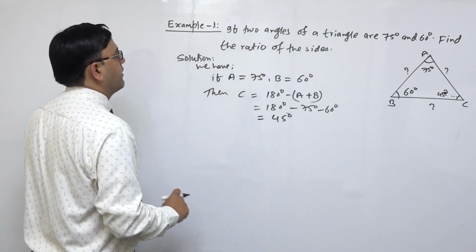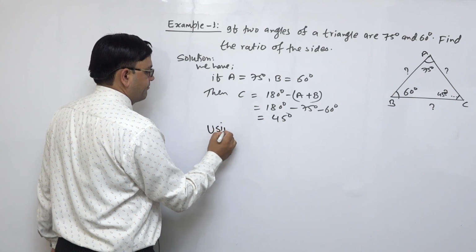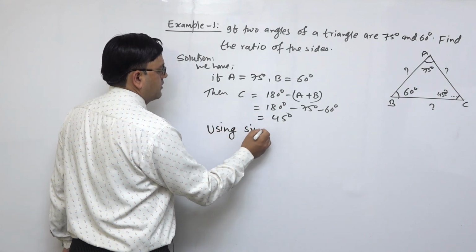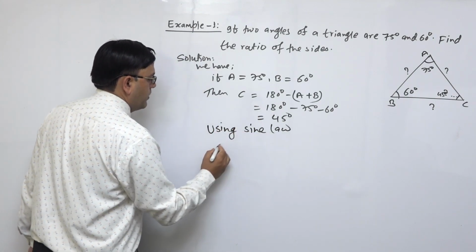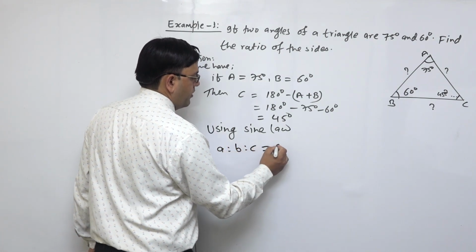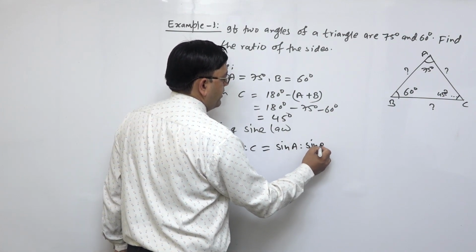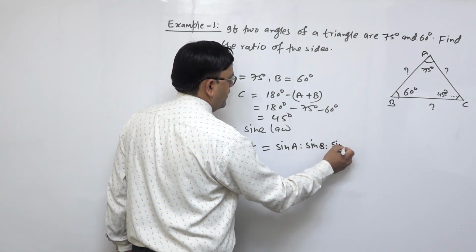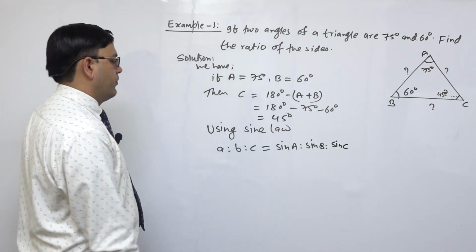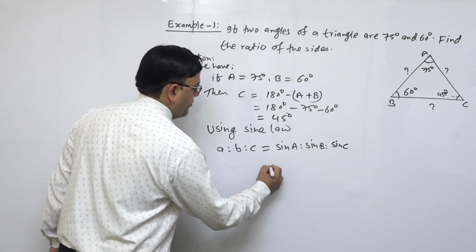Now we have to find the ratio of the sides. So using sine law, we have A is to B is to C is equal to sine A is to sine B is to sine C. So A means we have to find the ratio.